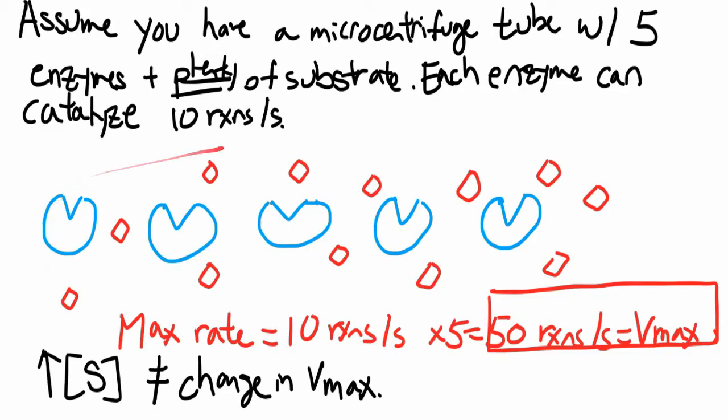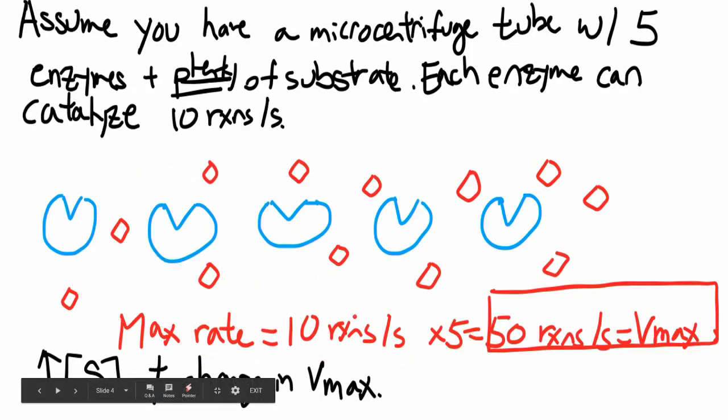And we're also told that each enzyme here can catalyze 10 reactions per second. Okay, so this means that our maximum rate of reactions in this microcentrifuge tube should be 50 reactions per second because we have 5 enzymes and each of them can catalyze 10 reactions per second, okay?